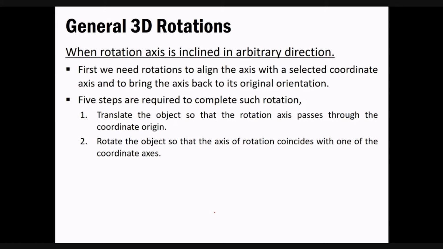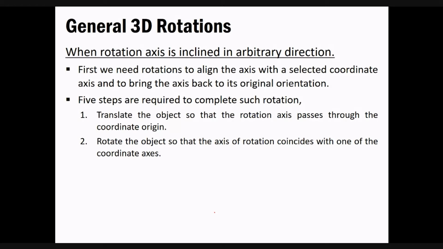The second thing is to rotate the object so that the axis of rotation coincides with one of the coordinate axes. The earlier slide said that if it is coinciding with one of the coordinate axes, then we can handle it easily.